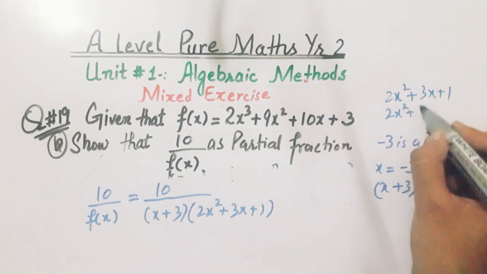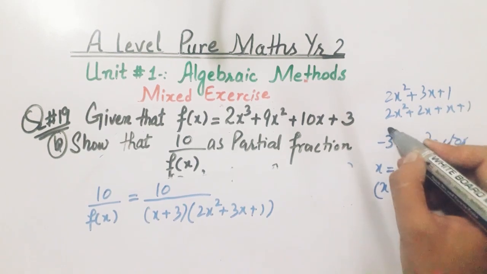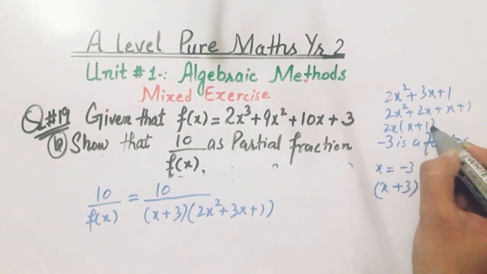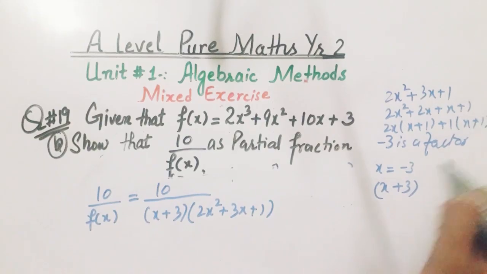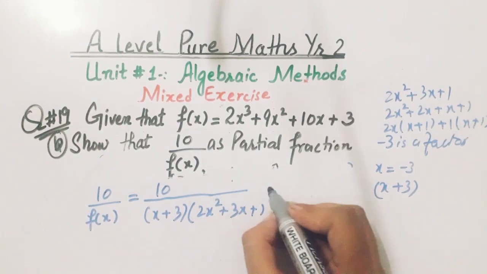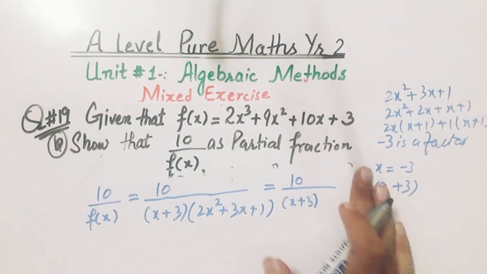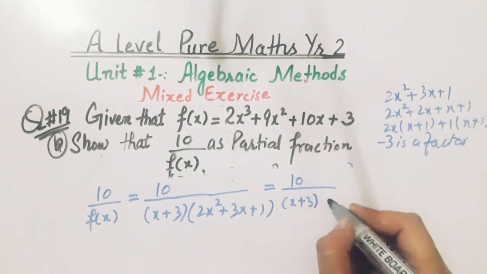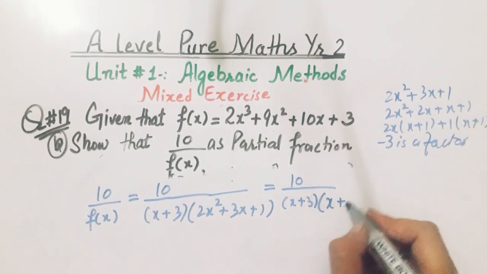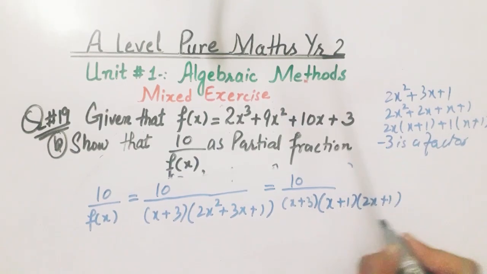So 2x square plus 2x plus x plus 1. Take 2x as common: x plus 1 plus 1 into x plus 1. So you will write this as 10 by x plus 3 into x plus 1 into 2x plus 1.